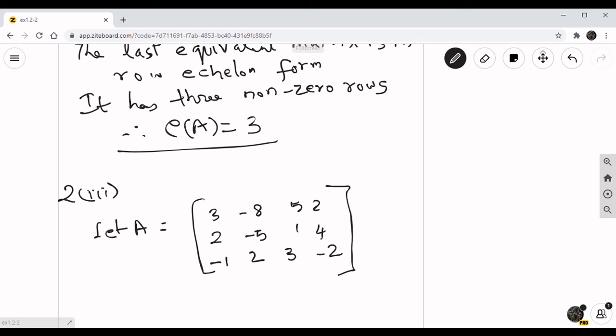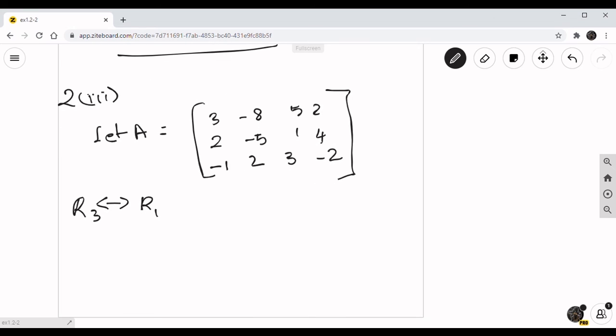In this sum they are teaching us that row 3 and row 1 can be interchanged. Row 3 comes to row 1 and row 1 comes to row 3. So we'll write how it comes.